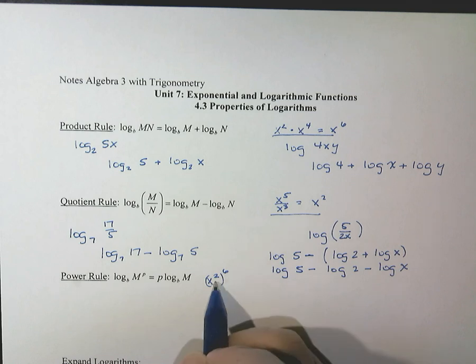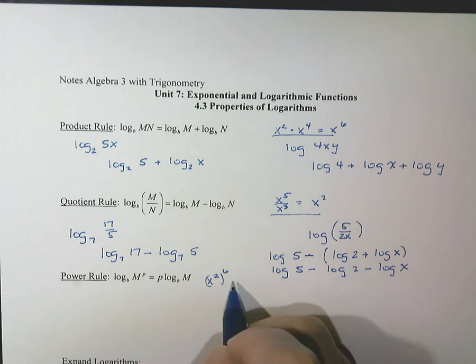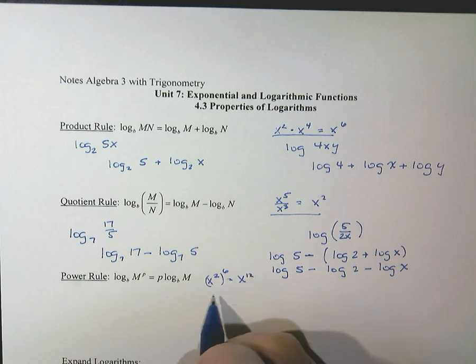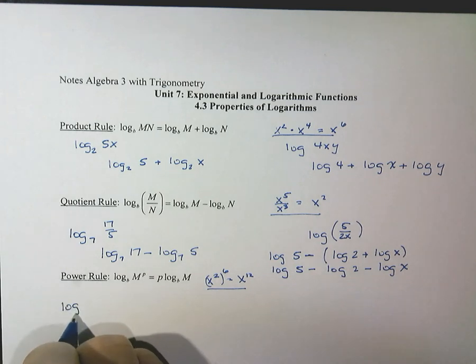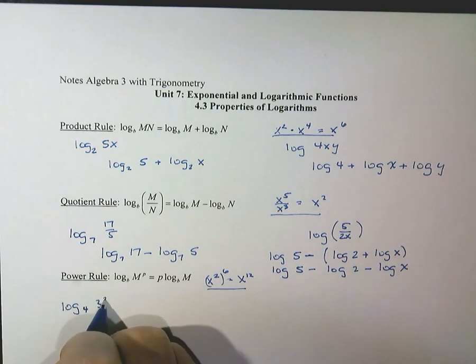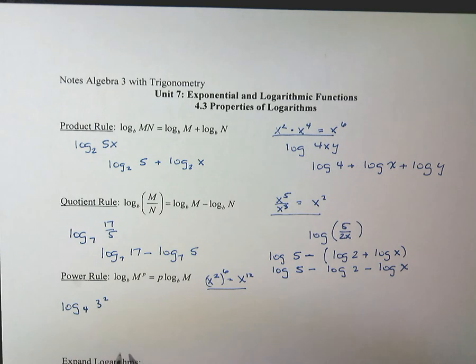But if I'm adding the exponent of 2 six times, I'm actually going to multiply these. So this is x to the 12th. One example would be log base 4 of 3 squared. I could make this log base 4 of 9, but in this case I want to show you the property. So this is going to put the 2 out front, multiplied by log base 4 of 3.